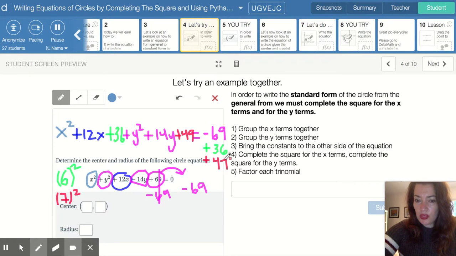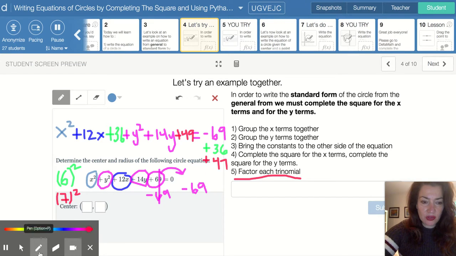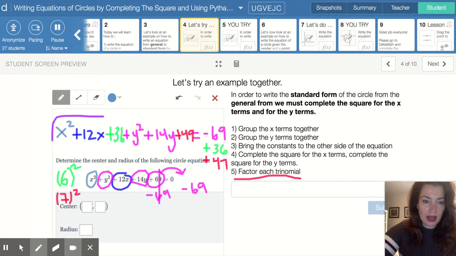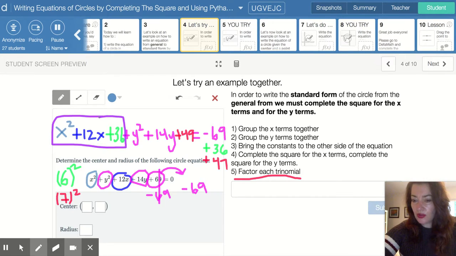Okay, once we have completed the square for the x and y terms, the last thing we're going to do is factor each trinomial. What do I mean by factor each trinomial? Well, we learned how to factor already. Here's our first trinomial: x squared plus 12x plus 36. Maybe you can factor this in your head.